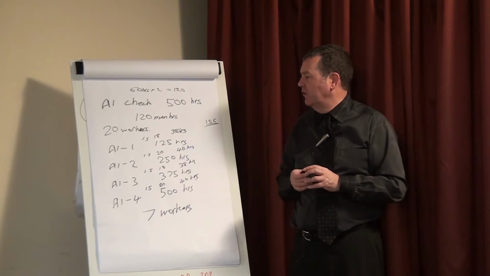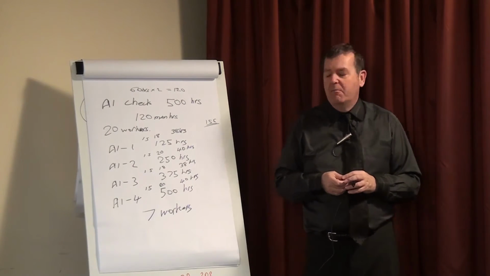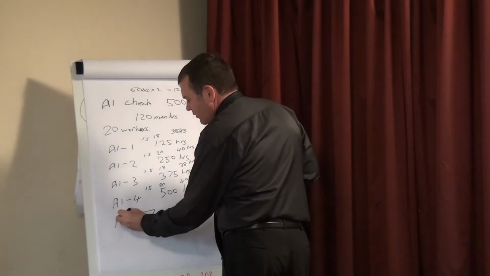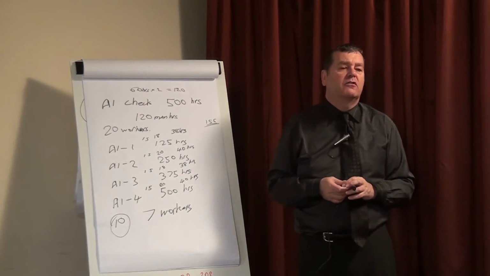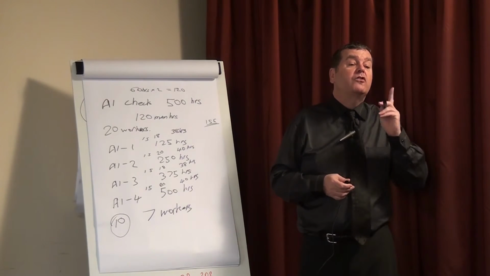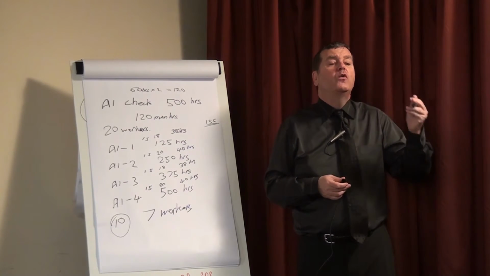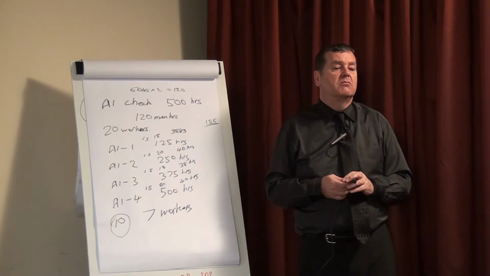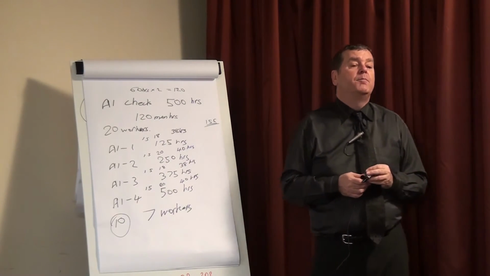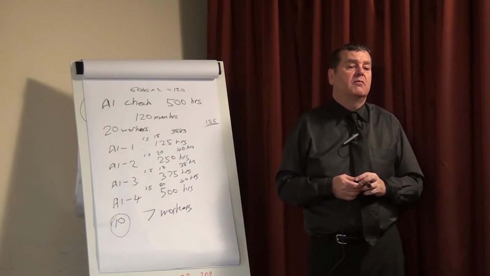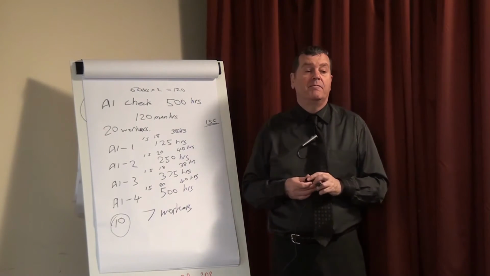So if we want it to be done in 5 hours, we need to increase the workers, and maybe we have 10 workers. And so yes, we can do this check now in 5 hours. Okay, great. I want to do this check then between midnight and 0600, because I'm going to fly the aeroplane from 0600 to midnight. I'm going to use the aeroplane for 18 hours, and I want to do the maintenance at night.